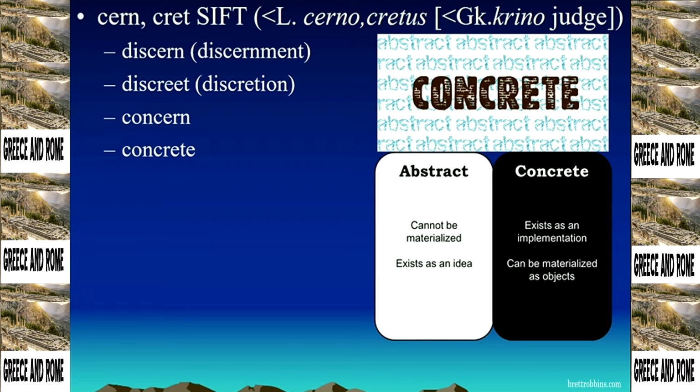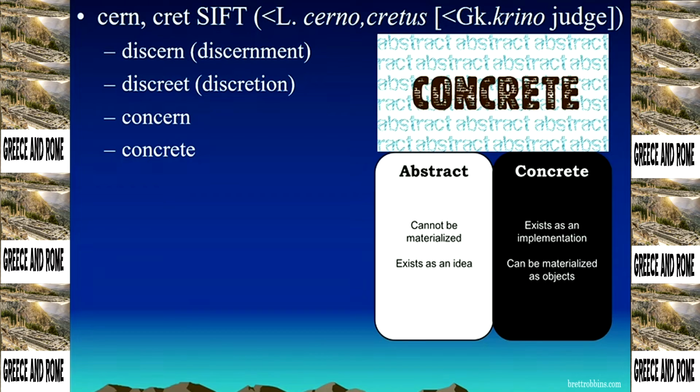You're building things up. You're creating something that exists in reality, concrete. Okay, so con, together, crete, sift. So you're bringing things in to a collective idea of something that really exists. Just like construct, by the way. Construct means to build together.